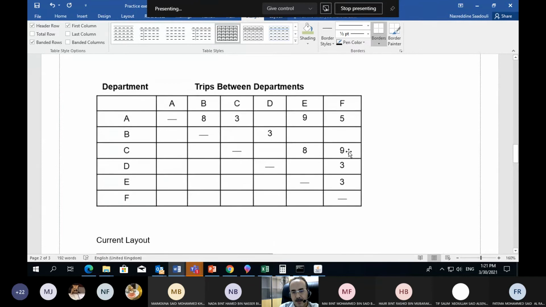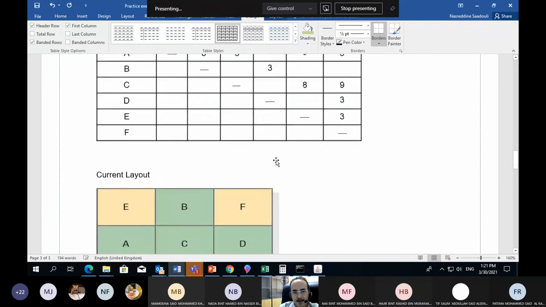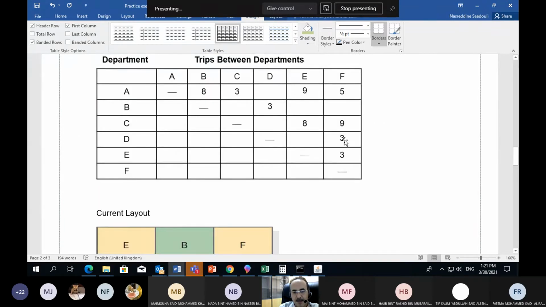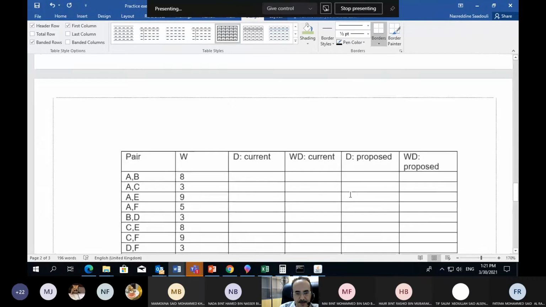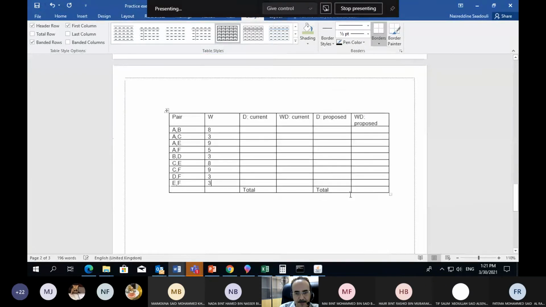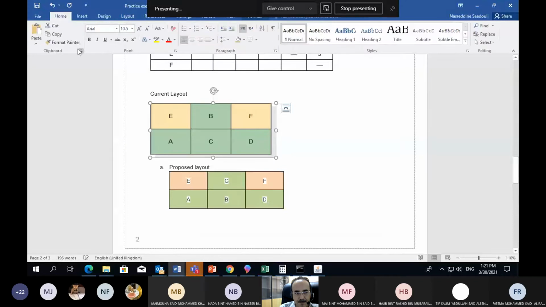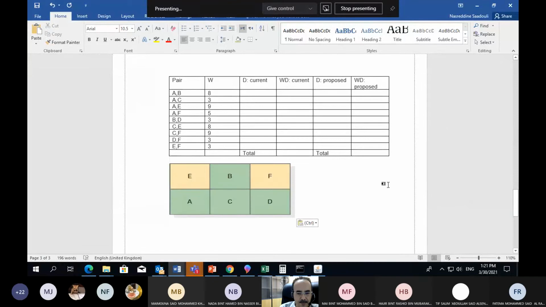CE is 8 and CF is 9. DF is 3 and EF is 3, so those are the closeness factors. We just copied this from the table. Now for the distances. Let's put it here so that we can see it in front of us.